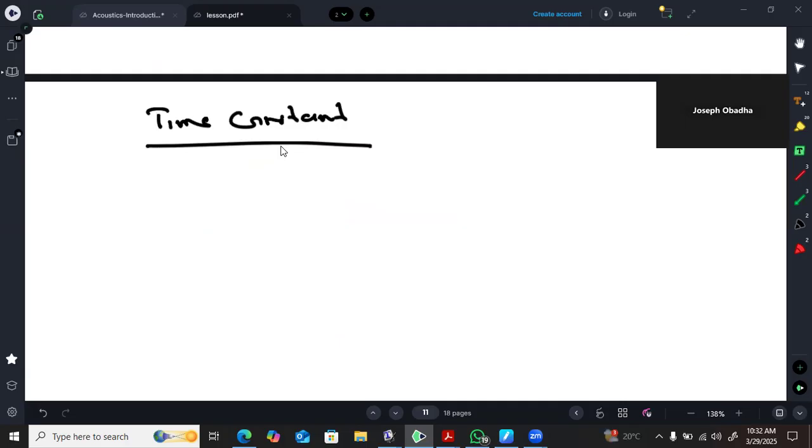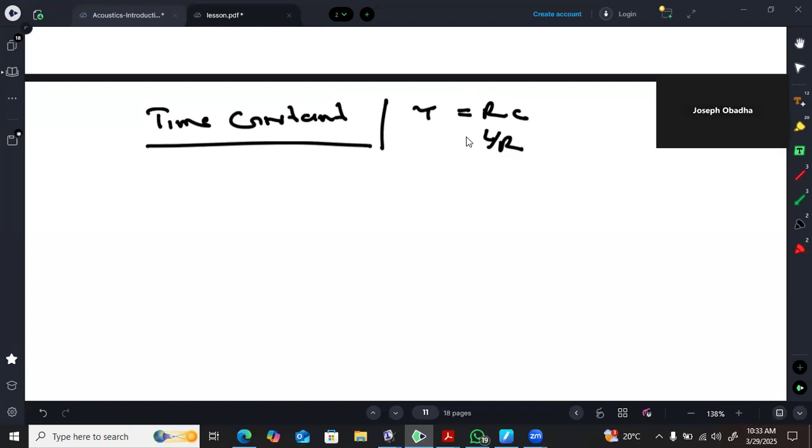What time does it take to charge fully? Or what time does it take to discharge? You have known that if you have an RC circuit, then tau, which denotes the time constant, is given by RC. And for an RL circuit, this will be given by L over R.